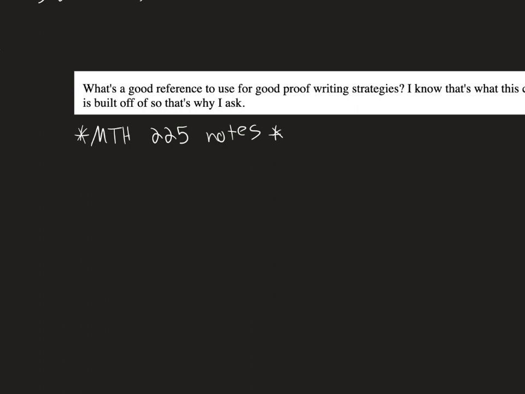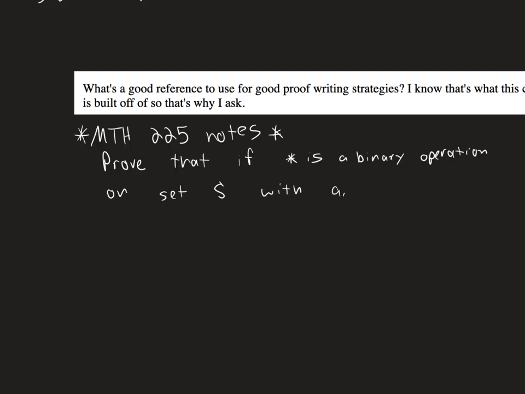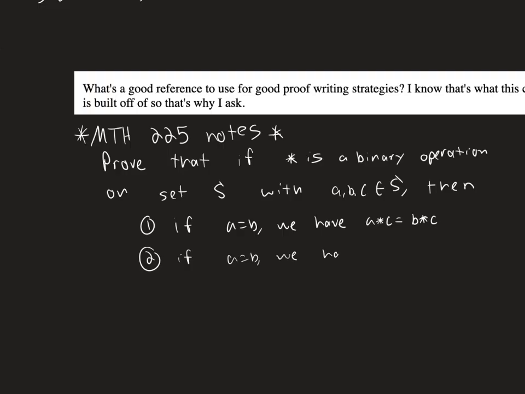Here, maybe let's prove that if star is a binary operation on set S with A, B, C in S, then if A equals B, we have A star C equals B star C, and C star A equals C star B.